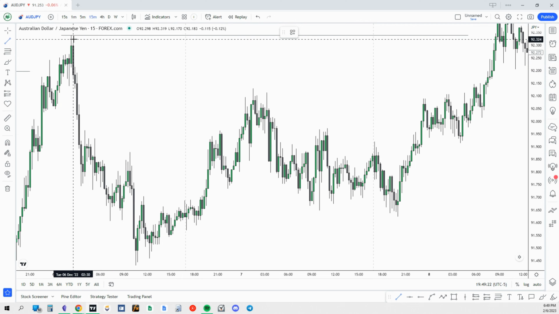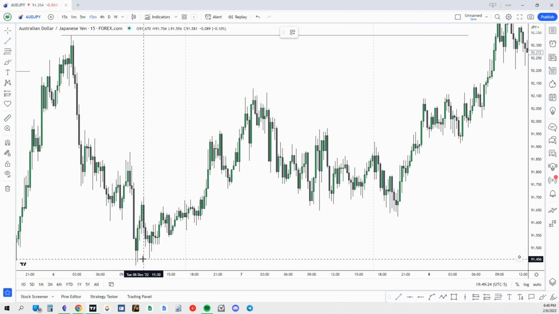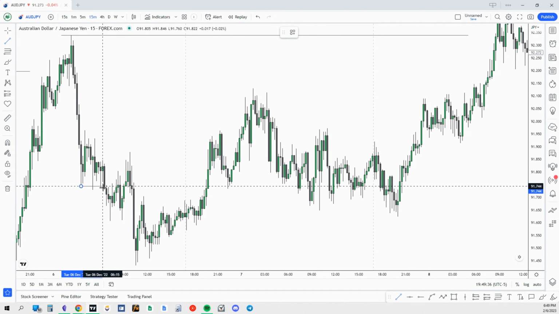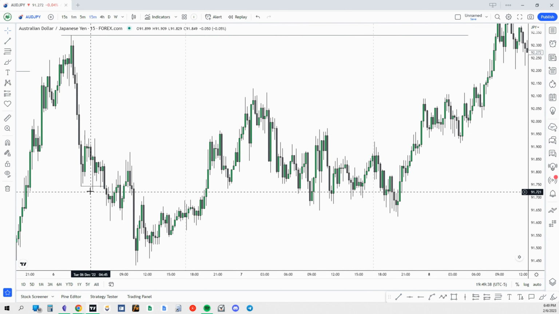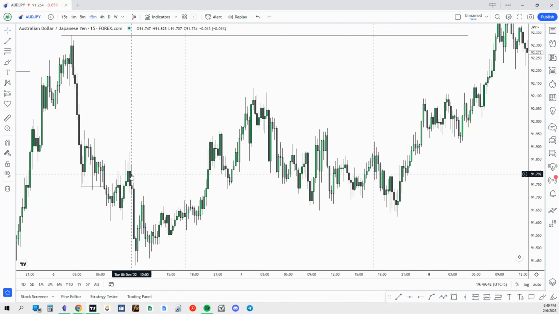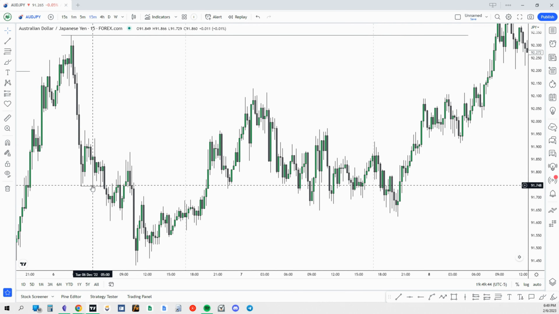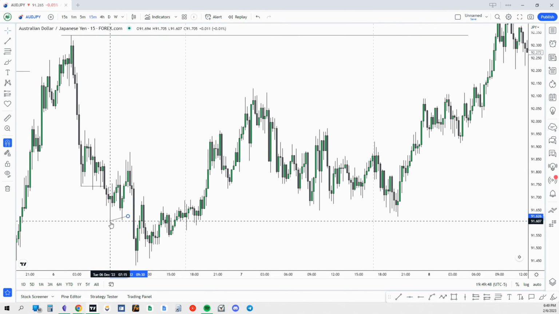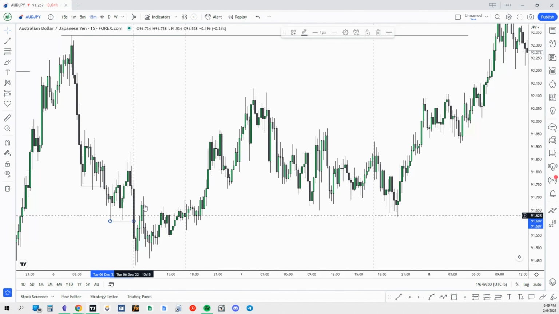So from this high, we can see price pulled back down into this range, and from here, this sharp sell-off right here, it stopped, pulled back up, and then kept running on down. So we can count that as a small pullback on the 15-minute chart, and we have a break of structure right there. It then came down, pulled back into the range, where it then continued the sharp sell-off, and we can see here another break of structure.